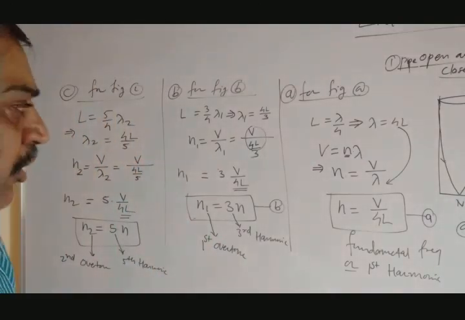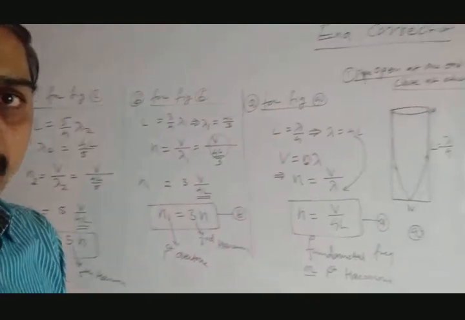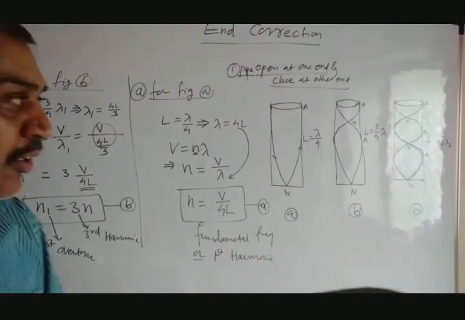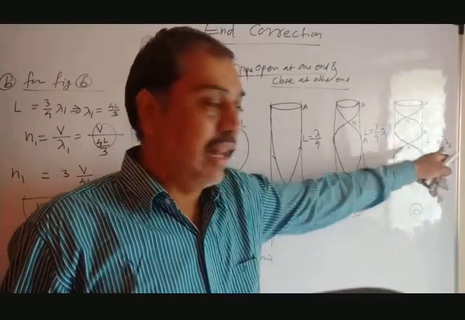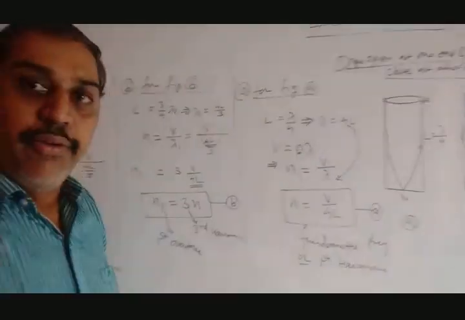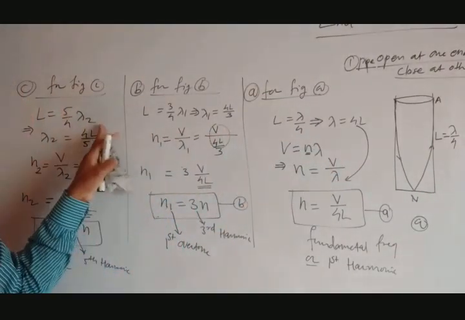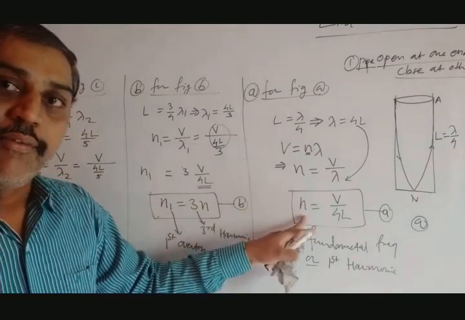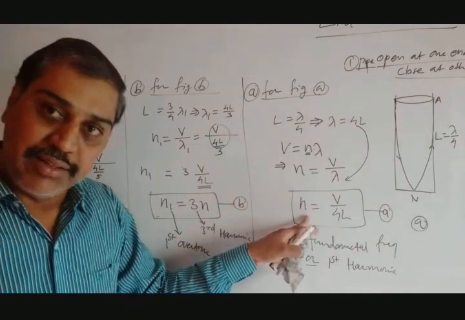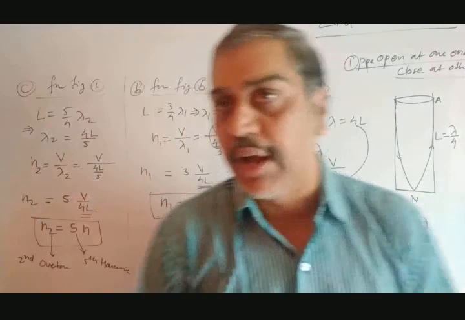Just remember, you can draw these three equations for these three figures, derived from the simple formula by considering this value of L. Just put the value and find lambda 1, lambda 2. Put it in the formula and find the fundamental frequency, then the next higher n1, next higher n2, next higher n3. In this fashion, you can derive the equation.